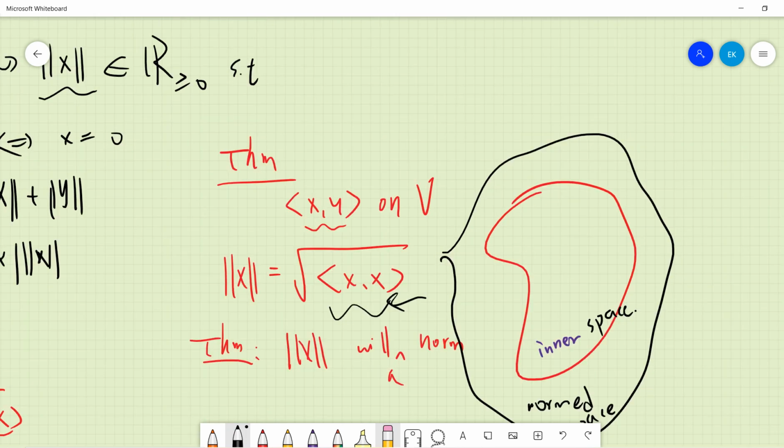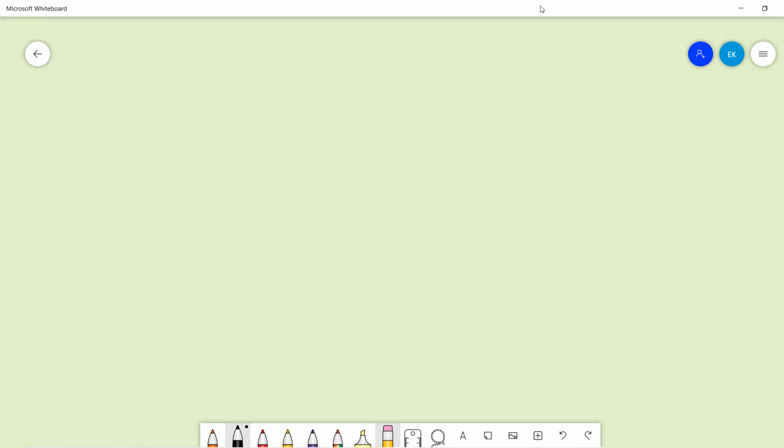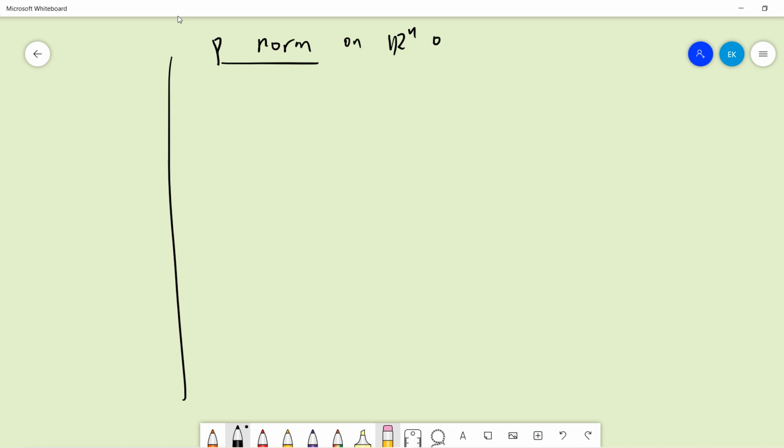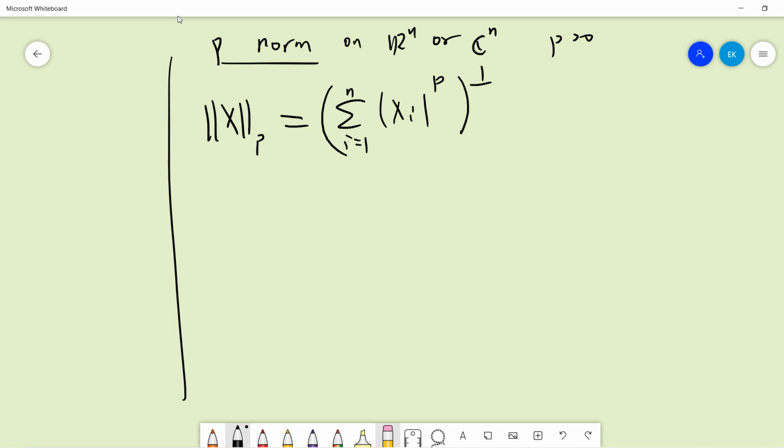Okay, and the next thing I want to talk about is the P norm, on R^n or C^n. The P norm is an interesting thing. P must be greater than 0. Ideally, one can define the P norm of x by calculating the absolute value of each component to the power P, summing them, and taking the 1/P power.